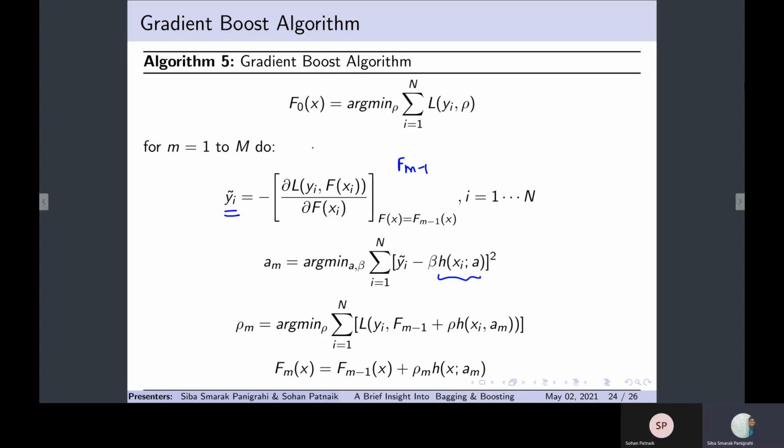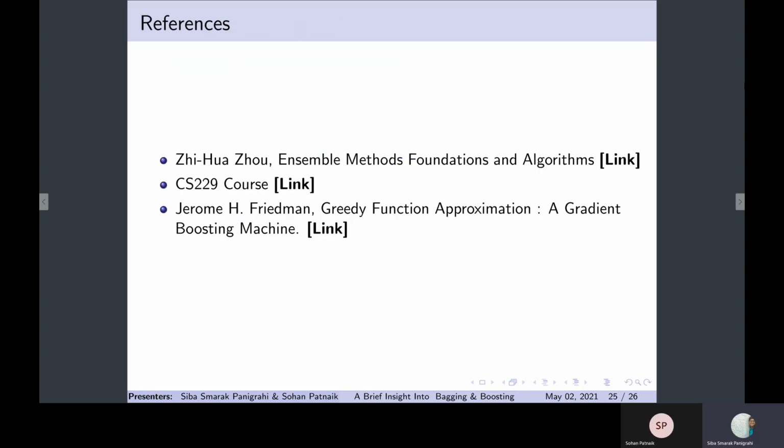By knowing that h is parallel to and highly correlated with the descent direction at all the points of the training instances, that is x1 to xn. Correspondingly we find rho m, and with the help of rho m, we update f m minus 1 to f m. This iteration goes on till capital M. Okay, now this was all about boosting, bagging, everything.